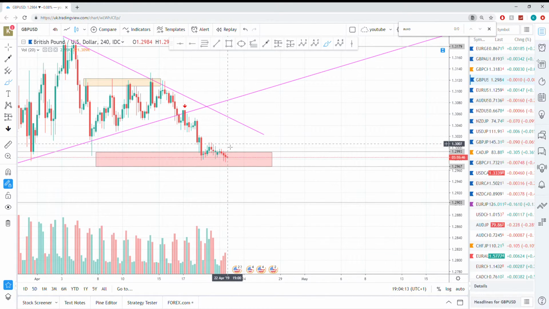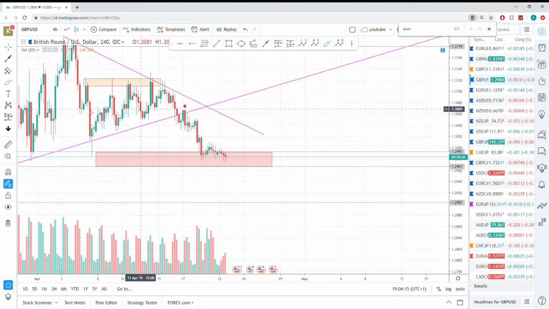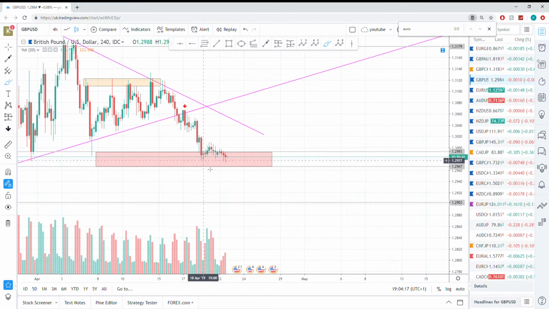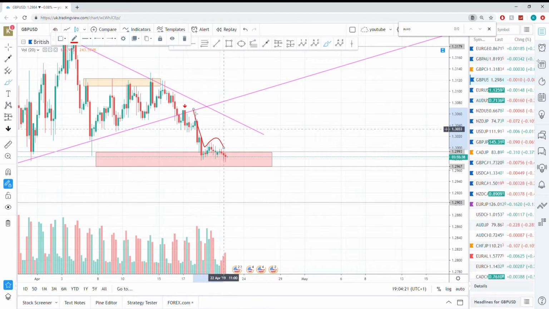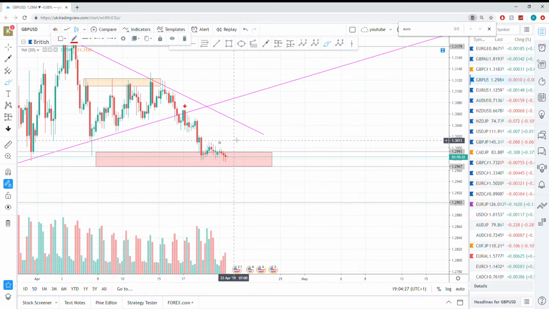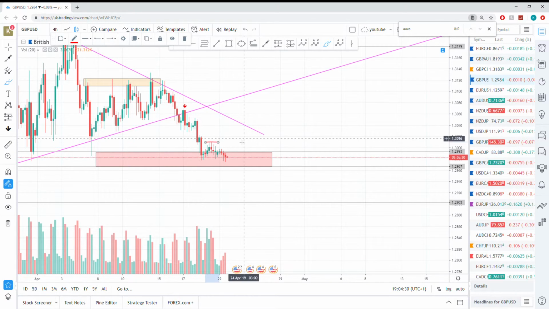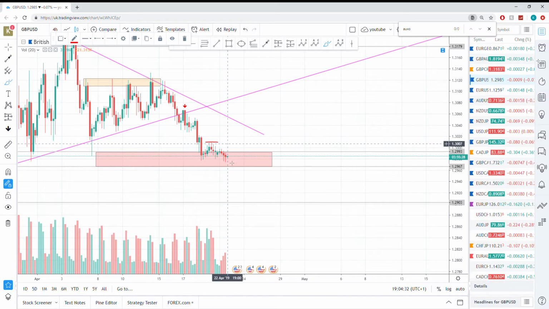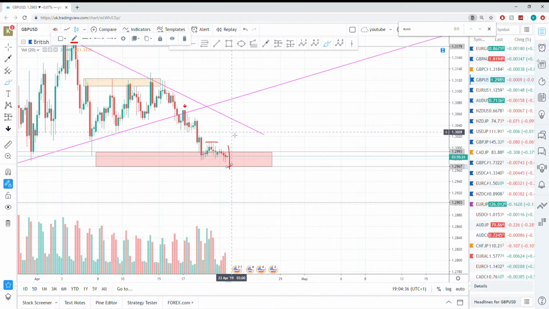For a bullish momentum, what I would want to see is we're getting a retest here, so a push and a retest as of now. For me to get into this trade, I would look to enter somewhere above here, and then have this as the stop loss zone.